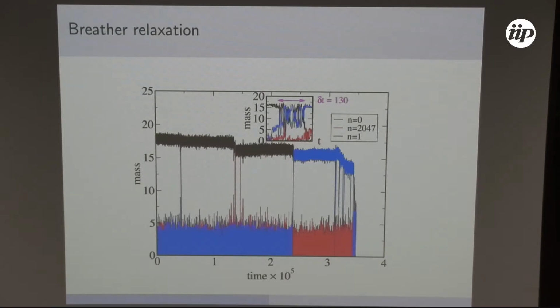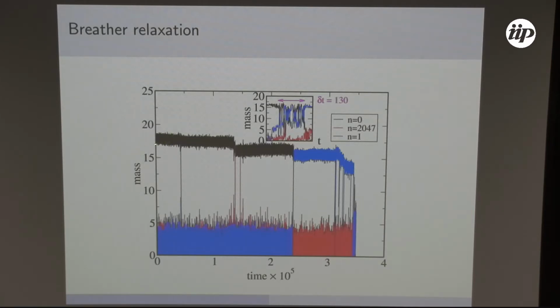Here is a trajectory. Here I'm plotting the masses of 3 sites. Basically the site n equals 0 is the breather site where I place initially the breather. So this is the black curve, and then I plot also the 2 neighbors.